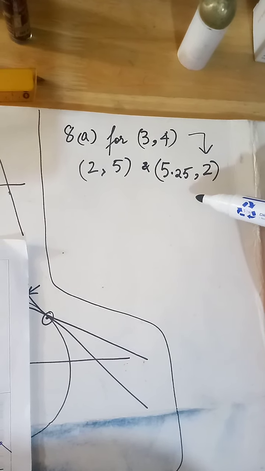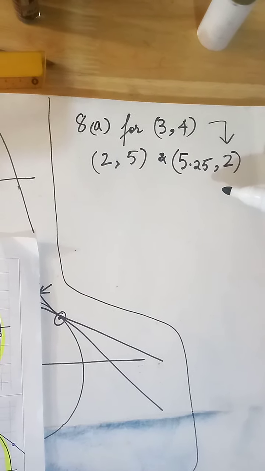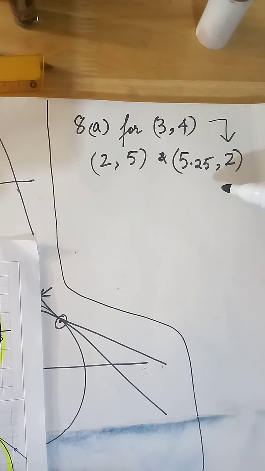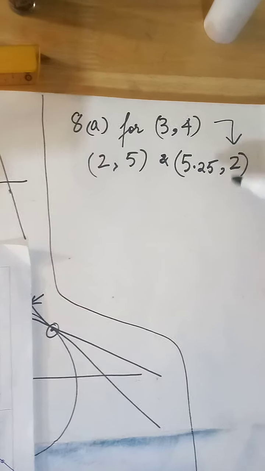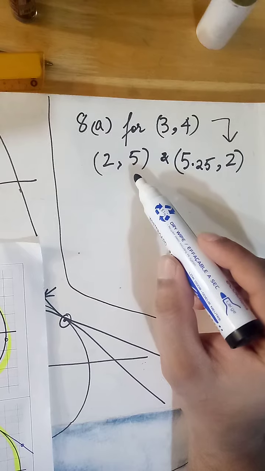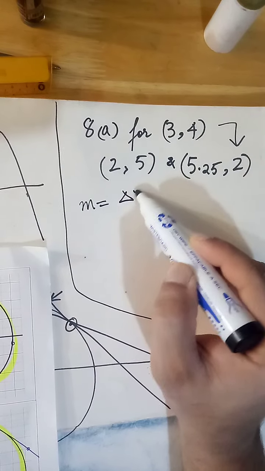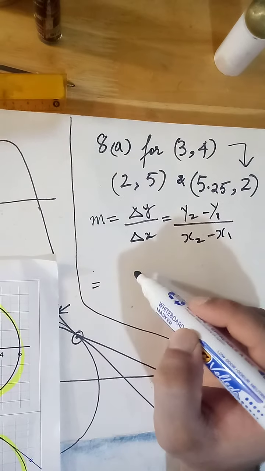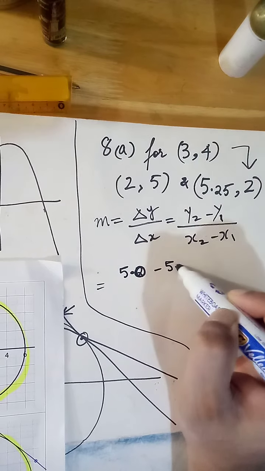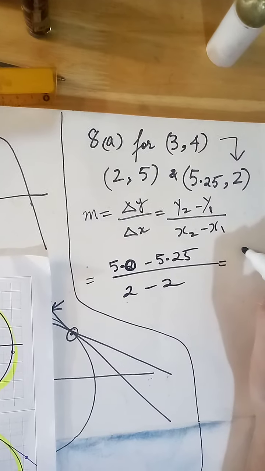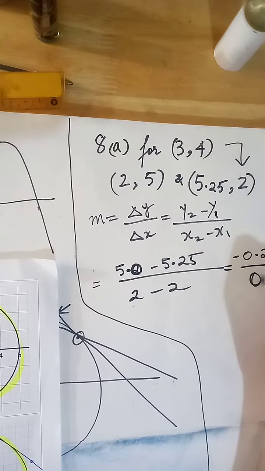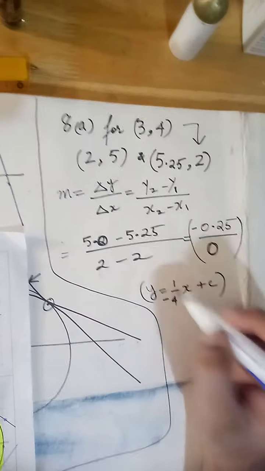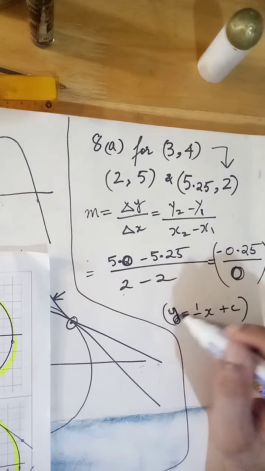So it has to be 5.25, 2 and 5, and then 5.25 and 2. It is minus 2.5, 0.25.